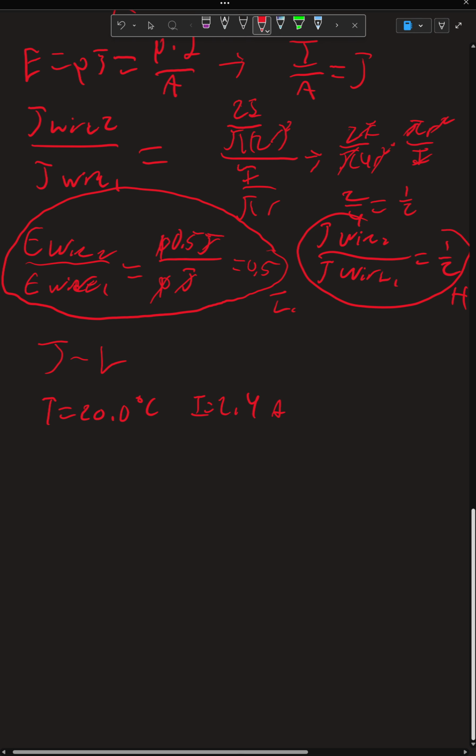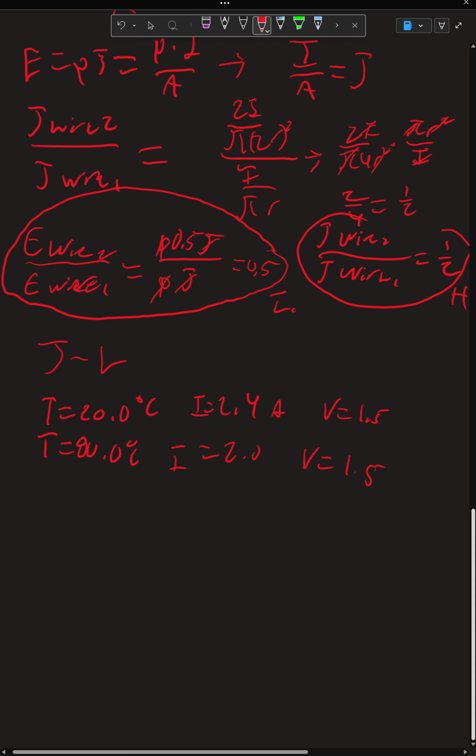So at T equals 20 degrees C, I equals 2.4 amps, and V equals 1.5. When the wire is heated to 80.0 C and the potential difference remains the same, the current decreases to 2.0 amps. So at T equals 80.0 C, I equals 2 amps, but the potential difference is the same, 1.5. That's what it's saying.